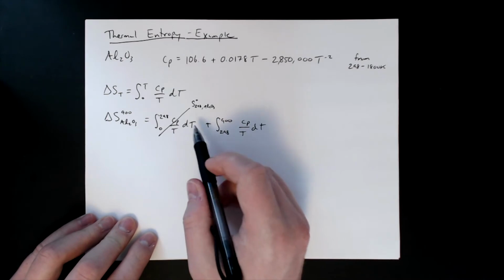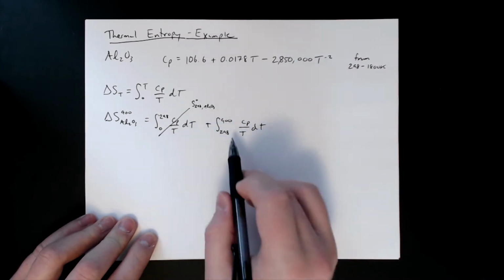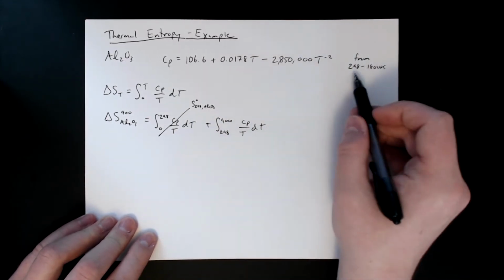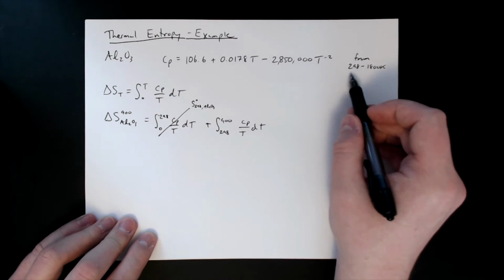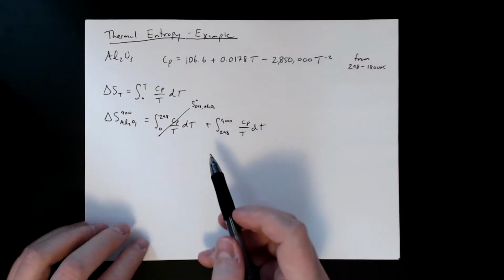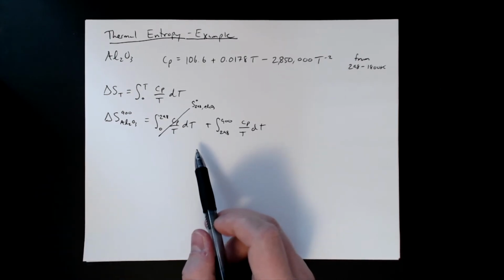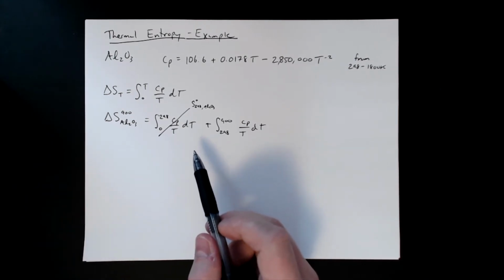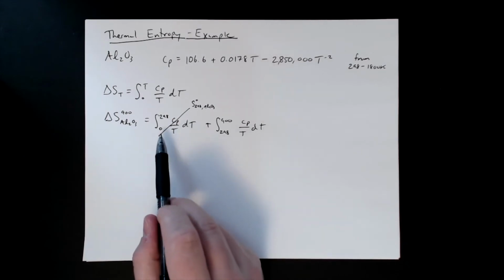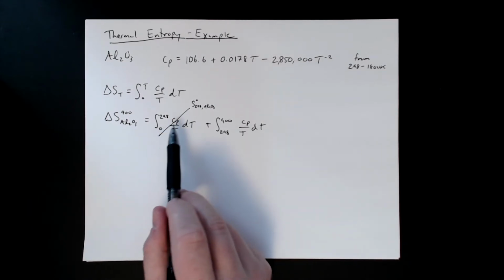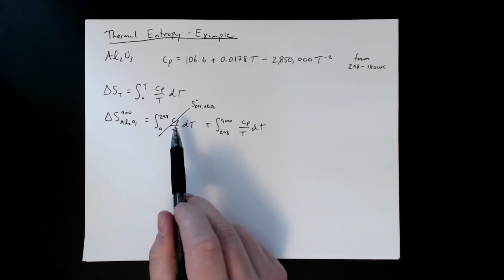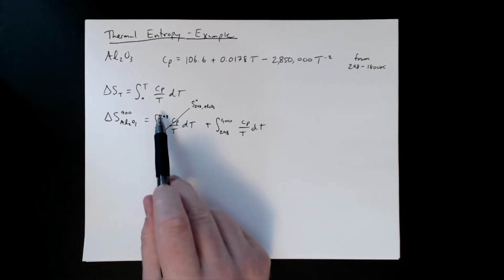And so we can plug that in for this quantity, and then we're just left with this calculation, which we can use now because we have information from 298. So this is pretty frequent. Something you'll see is most of the data is only from 298 standard, almost room temperature, whereas this calculation starts at 0. So you have to consider the contribution from 0 to 298, and we have that here.